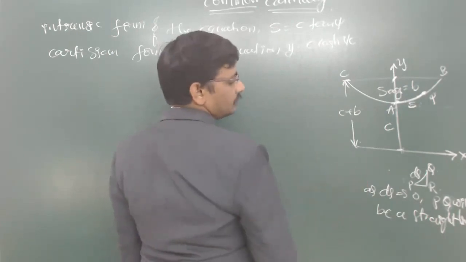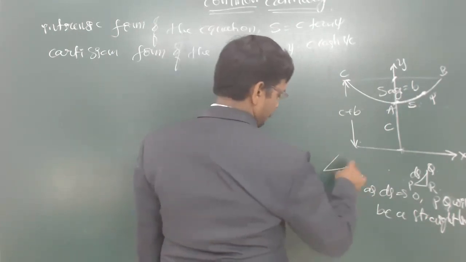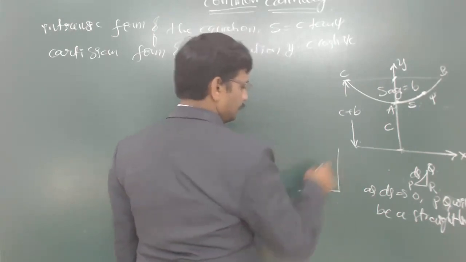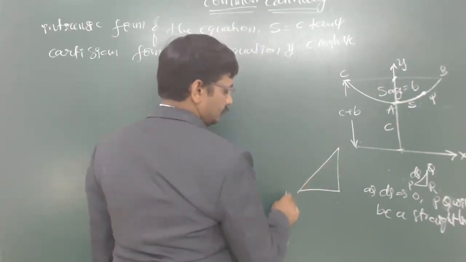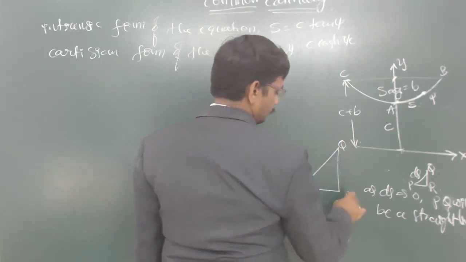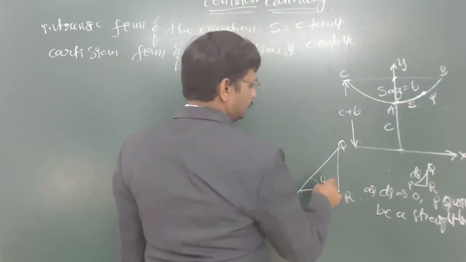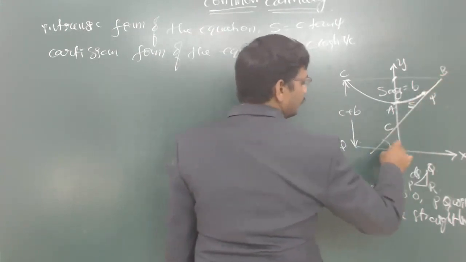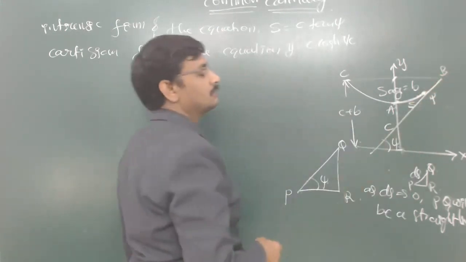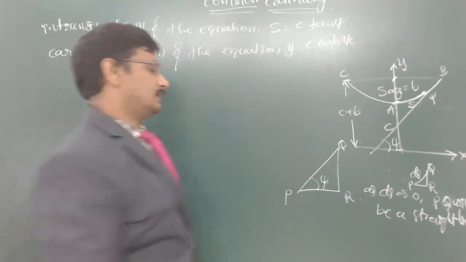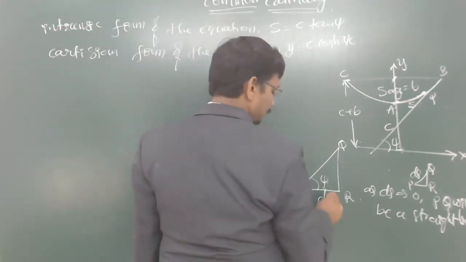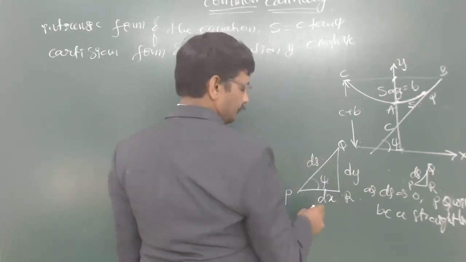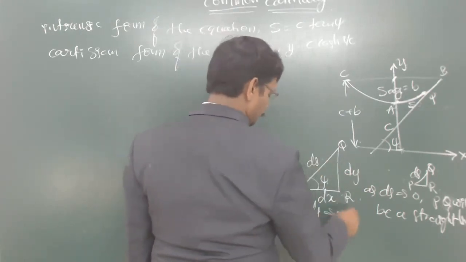Now from there, this angle is psi, or actually I will enlarge this. So this is P, and this is Q, and this is R, and this angle will be psi. If you draw a tangent, this is the angle psi that it makes with respect to the x-axis. This angle is psi, this is dx, this is dy, and this is ds, and ds tends to 0.